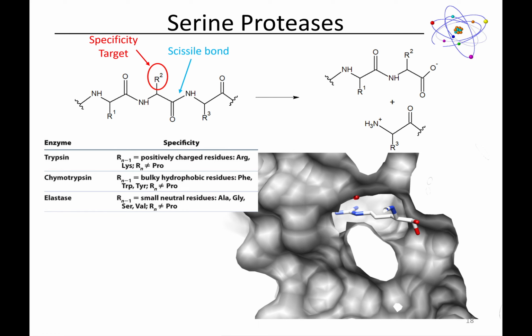Let's say we have a sequence that's Asp, Phe, Lys, Ser, Arg, Ala. So we have this sequence that's 6 amino acids long, within a much larger protein. If we treat this peptide with trypsin, we know trypsin recognizes lysine and arginine.